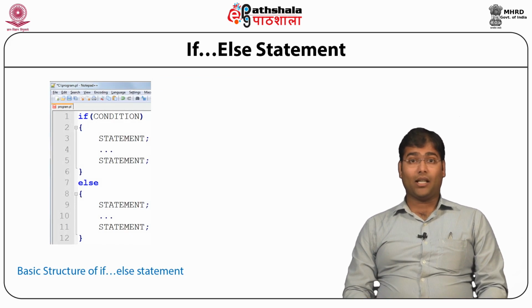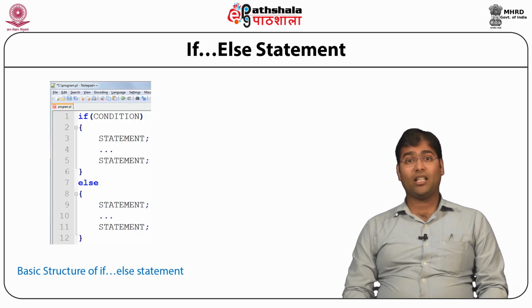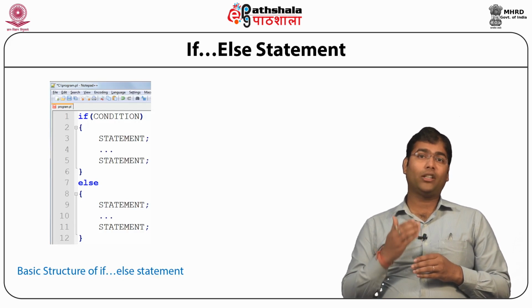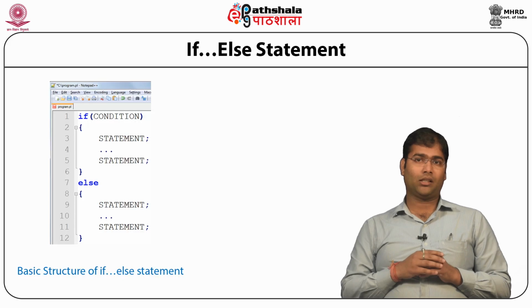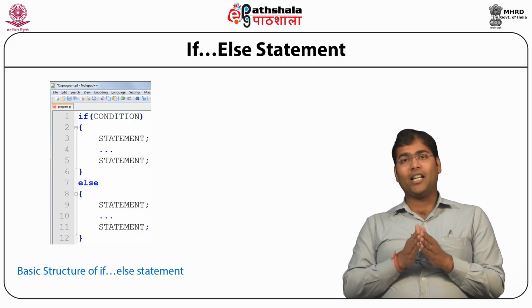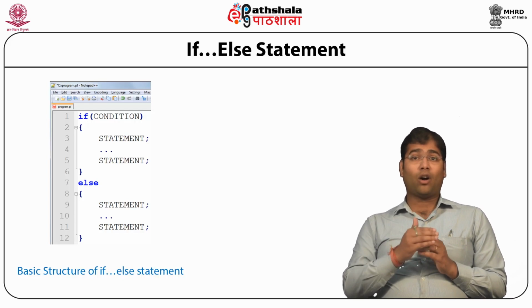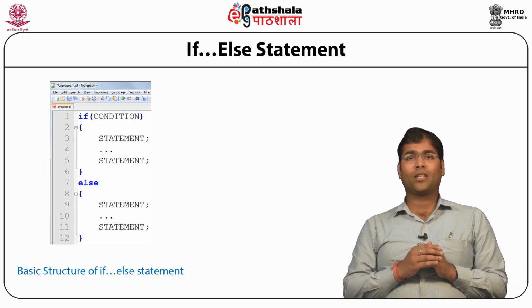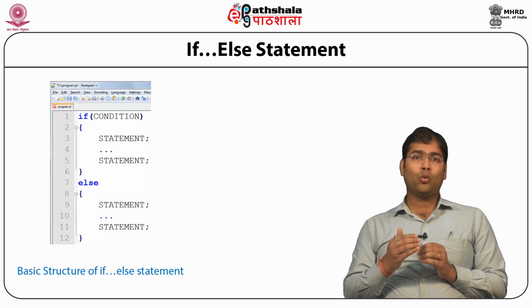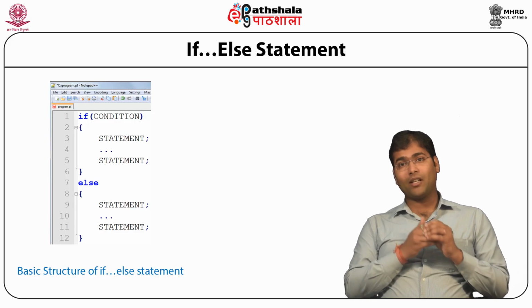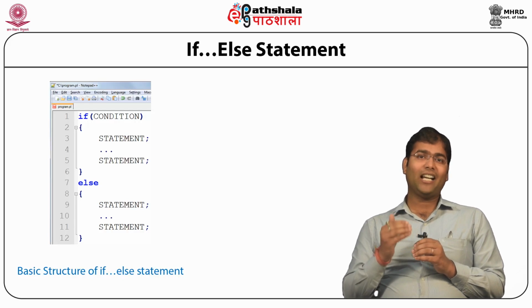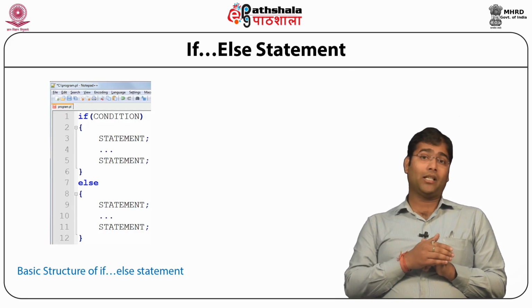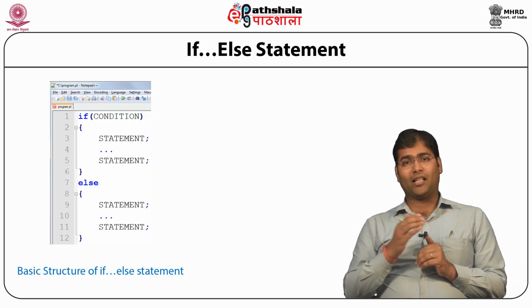The second conditional statement is the if else statement. In the if else statement, we can execute statements on the basis of two conditions, whether the condition is true or the condition is false. If the condition is true, it can execute the first statements, otherwise it will execute the second statements, which come under else.